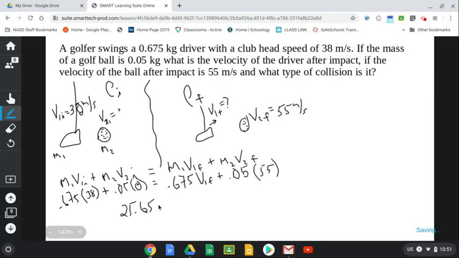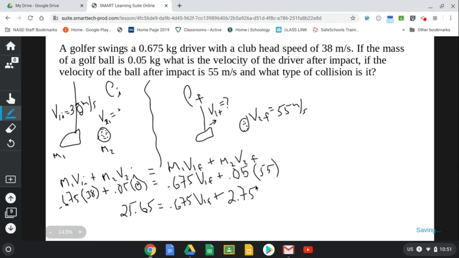And 0.675 v1f plus 0.05 times 55 gives us 2.75.